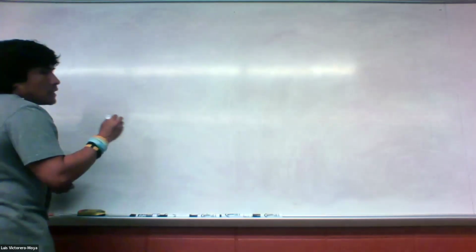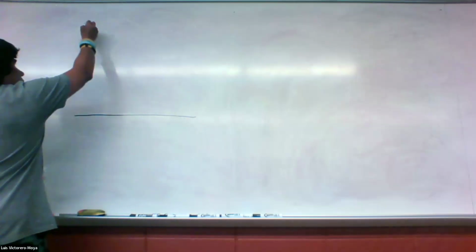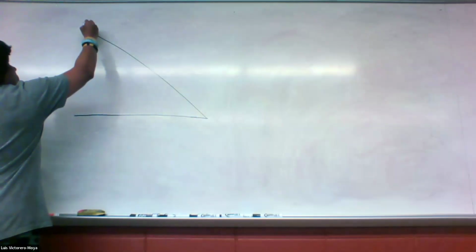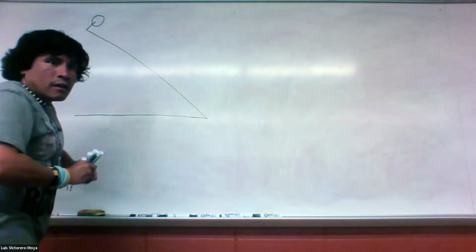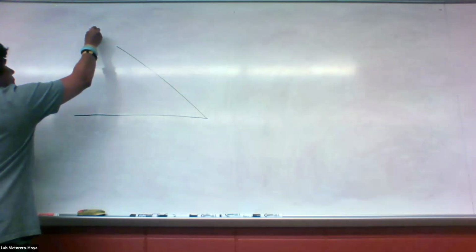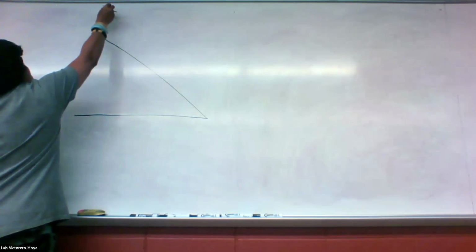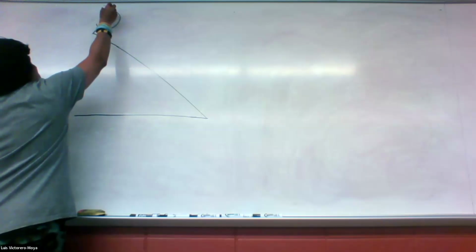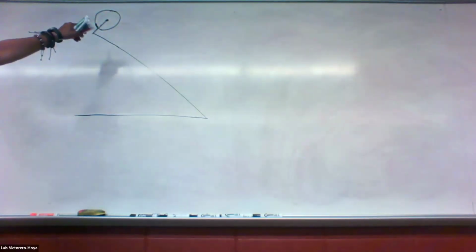Let's talk about this now. Let's recall this. You have an inclined plane. You have a pulley. But now it's not just any pulley, it has certain mass and certain radius. So that's your pulley.